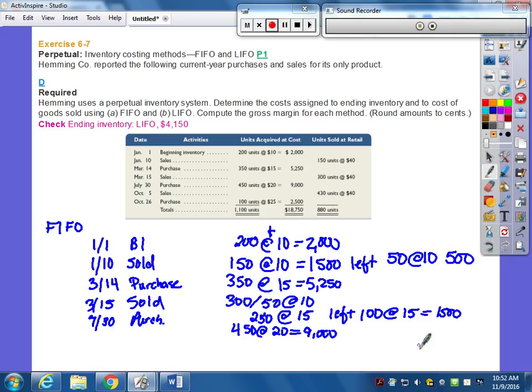And then on October 5th, what did they do? Sale. Sold how many units? 430. Where did we pull them from? The remaining of the 100, what was technically beginning, at 15, and then the other 330 at $20, which means that you have how many left in inventory now?